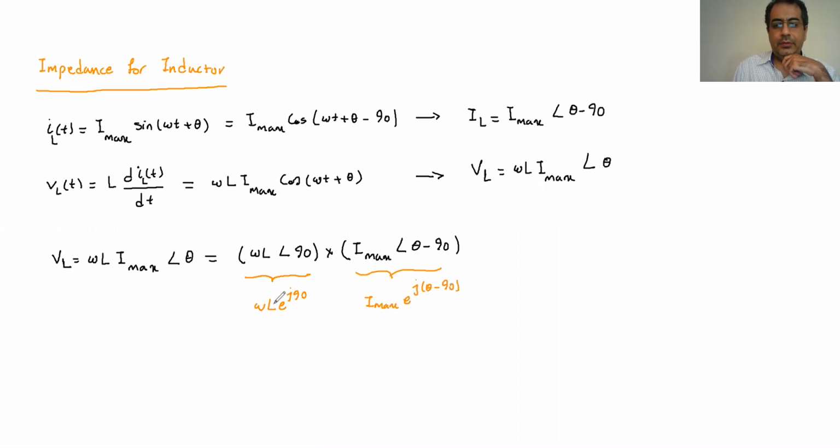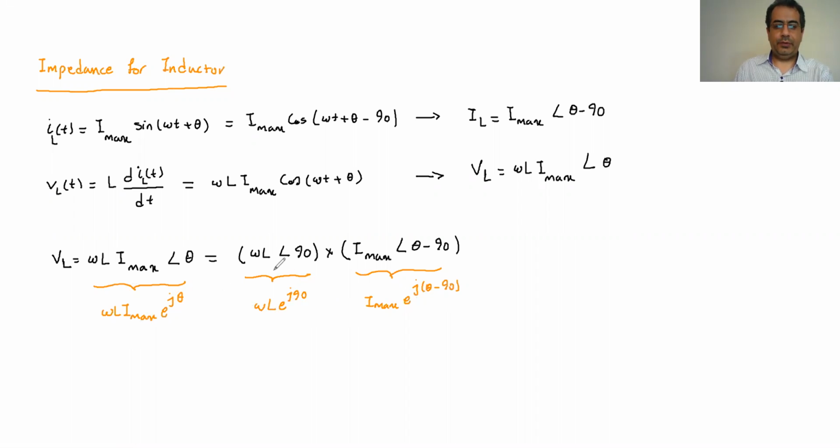Now look at that. If I multiply these two, it's going to be omega L I max e to the power of j theta. So if you multiply these two, it's going to give me this.